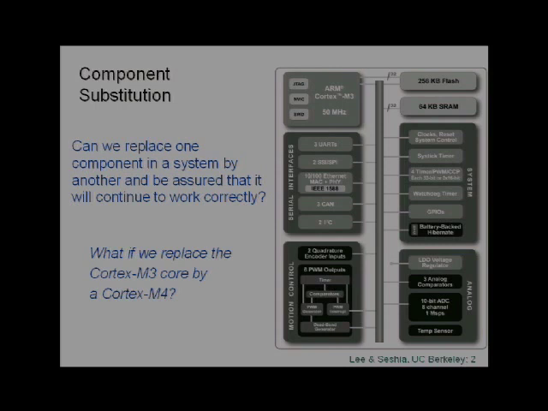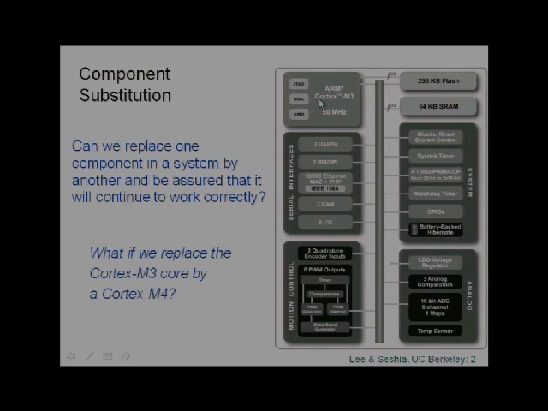So let's look at something a little closer to what we have in the labs in this course. That's the Luminary microboard. Oftentimes when people want to speed up their system, improve performance, one of the things they do is replace the microcontroller with a different processor, right? So this board has the ARM Cortex M3.